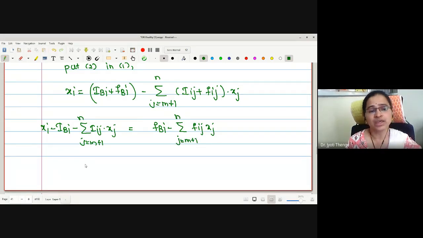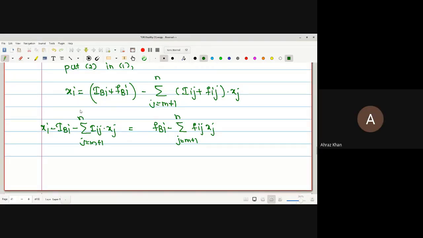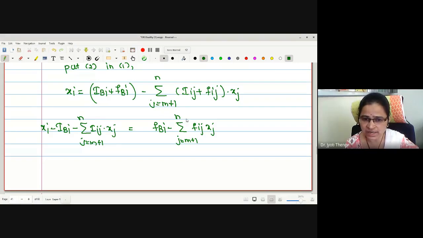Now, if we want xi to be an integer value, look at the left-hand side. For every integer value of xj, this total quantity on the left will be an integer value. What about the right-hand side? This is the fractional value. But if I want this to be an equality, the right-hand side quantity must also be an integer value.